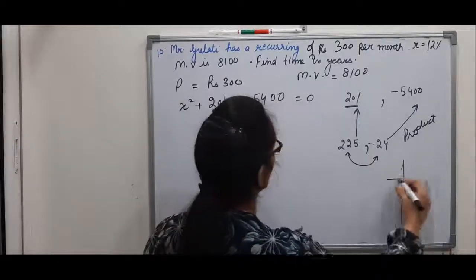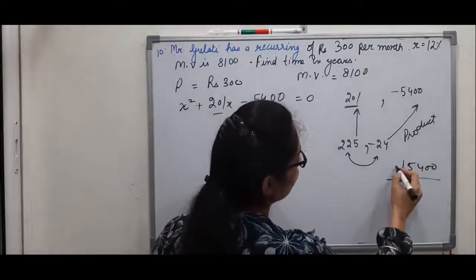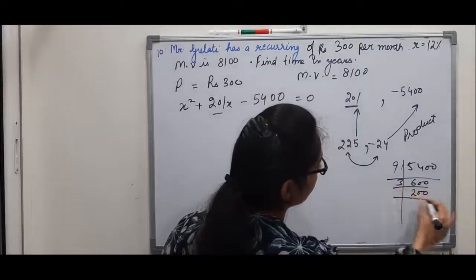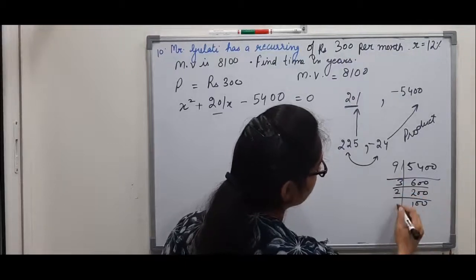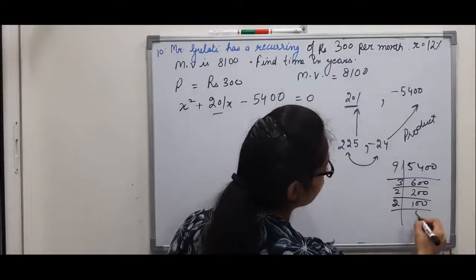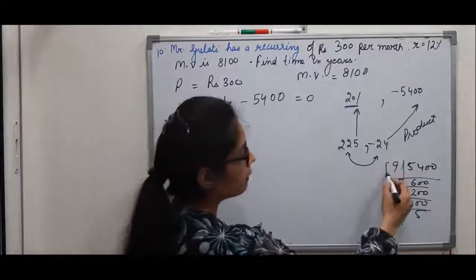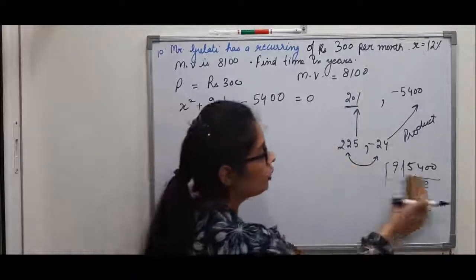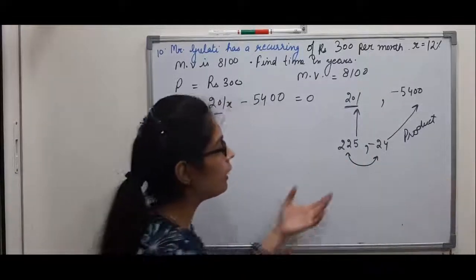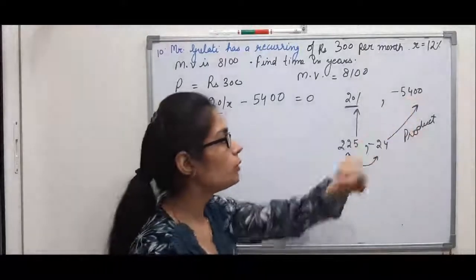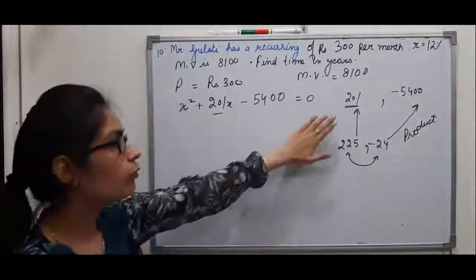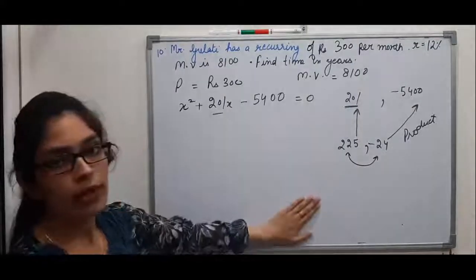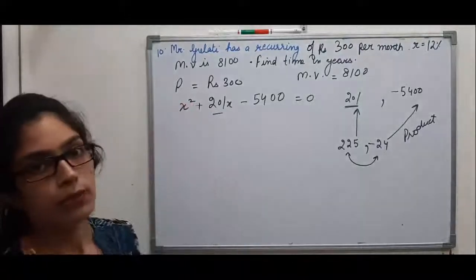Like this you can make factors, like 5400, it will go to 9 times 600, then with 3 I will try, 3 is 200, 2 is 100, then again 2. So like this I'll make factors, then I will make the pairs of this, and I'll just try to multiply. I have to choose two numbers so that the product of these two numbers should be equal to this, and the addition or subtraction should be equal to the middle term. See, this splitting of the middle term we have already done in factorization. This is just a part of this question.